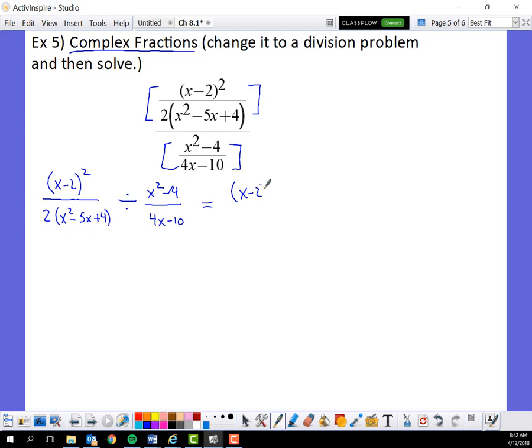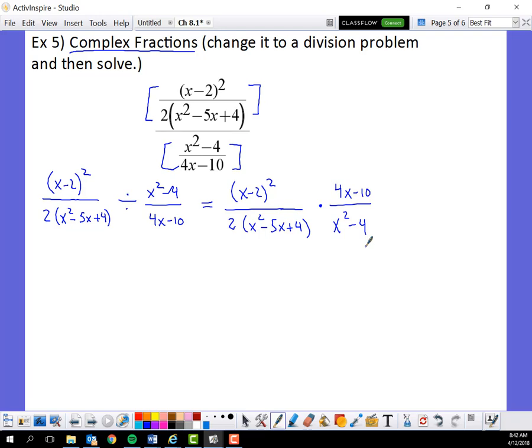So I'm going to take this as x minus 2 squared all over 2 times x squared minus 5x plus 4. And I'm going to multiply by the reciprocal. So I'm going to multiply by 4x minus 10 all over x squared minus 4. And you've turned this into a multiplication problem, just like we've done the last two examples.